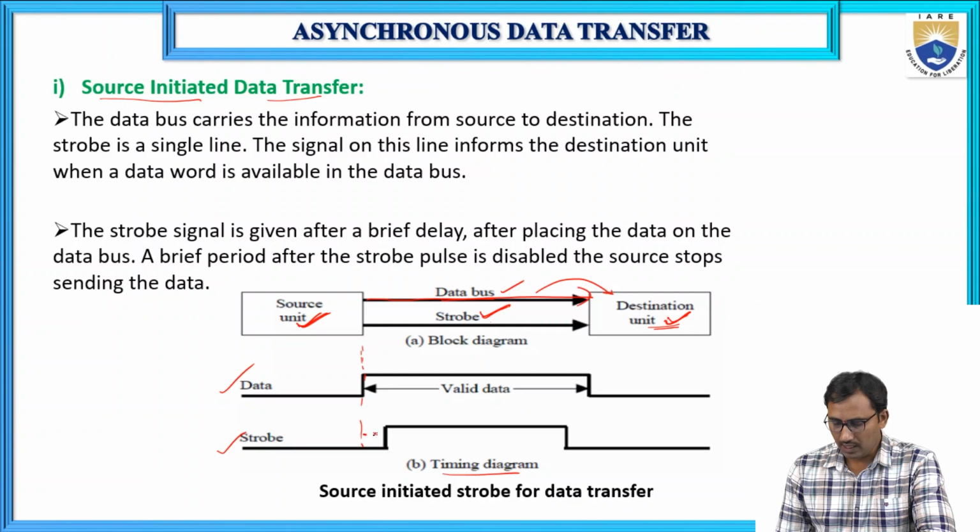After a certain time, the source unit will initiate the strobe pulse. This strobe pulse will be received by the destination unit, and the destination unit comes to know that valid data is placed in the data bus, so that the destination unit will read the data from the data bus. In this way, the source will initiate the data transfer.